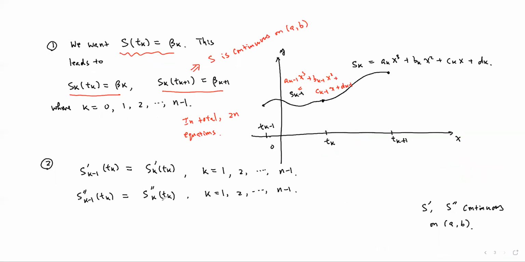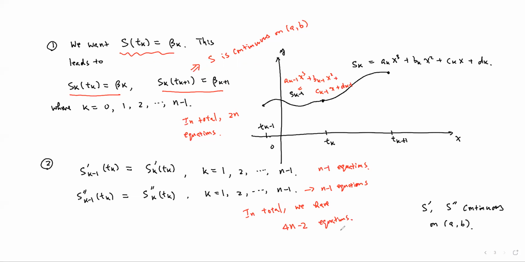How many equations do we have? Here we have 2n equations, here we have n minus 1 equations, and here we have n minus 1 equations. So in total, 2n plus n minus 1 plus n minus 1, we have 4n minus 2 equations.